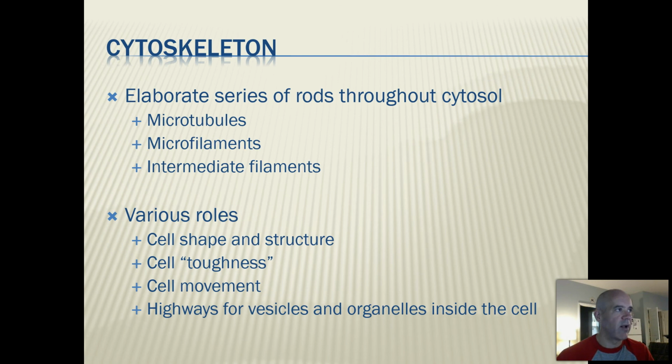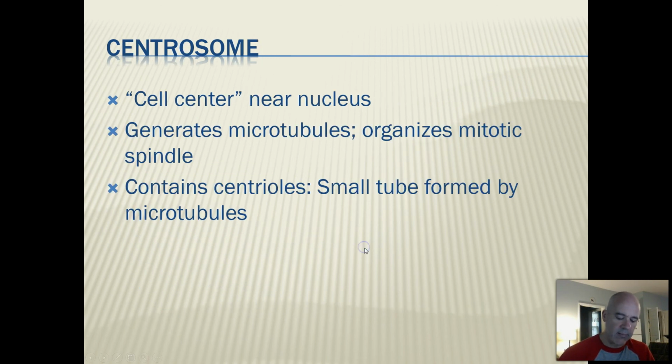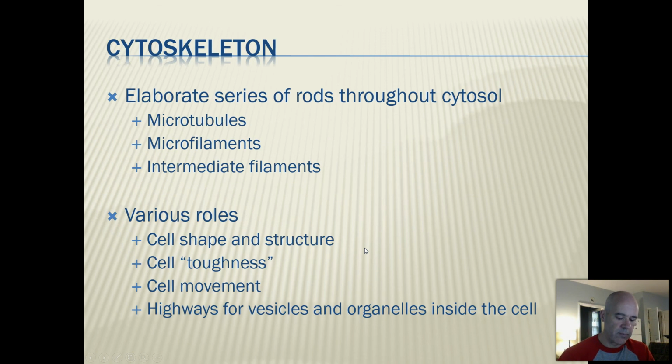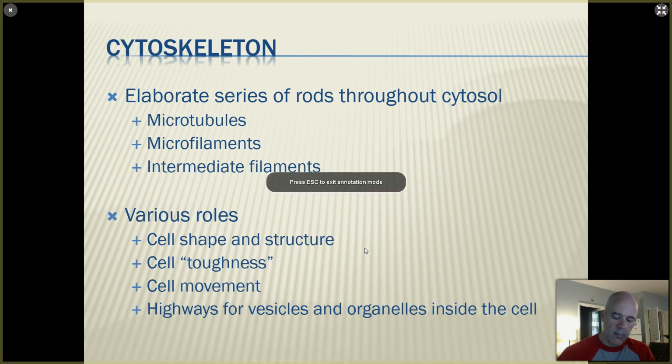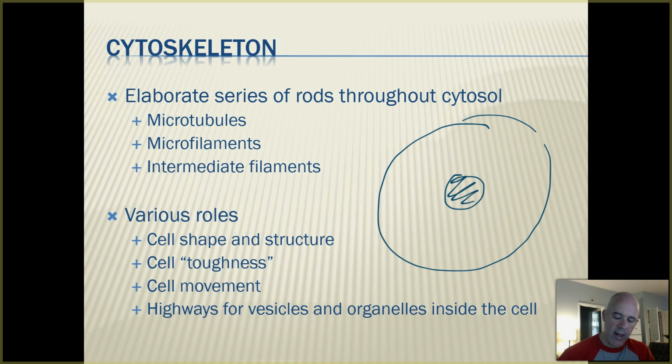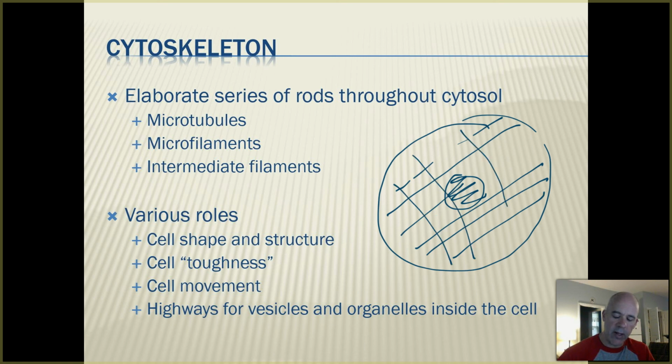All right, cytoskeleton. We're not going to get too heavy duty into the cytoskeleton, but all right, got my pen up here. Inside a cell, you do have a framework of thread-like proteins and tubes that crisscross their way inside the cell, and some of those are called microtubules, some are microfilaments, some are intermediate filaments.